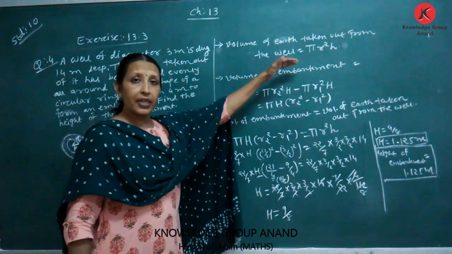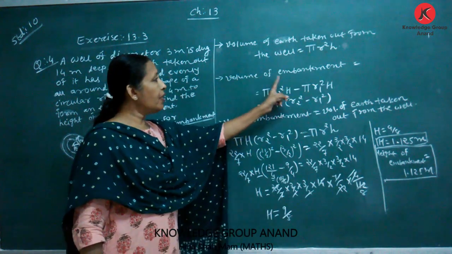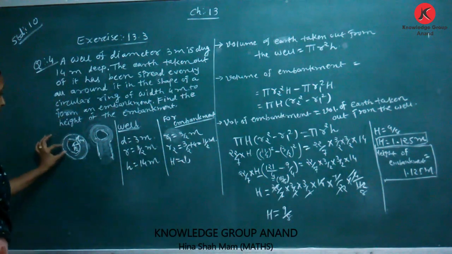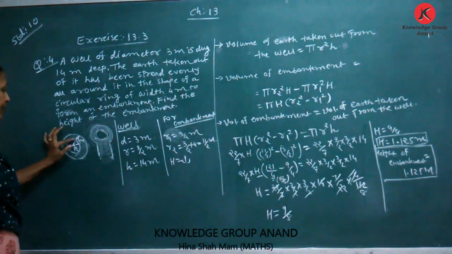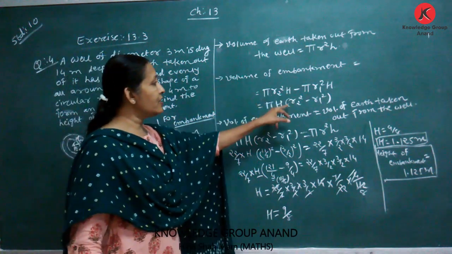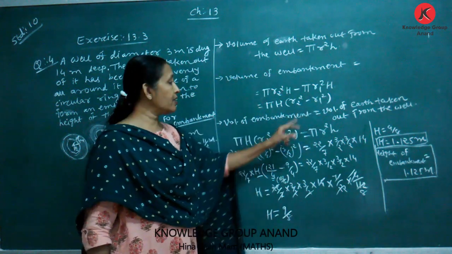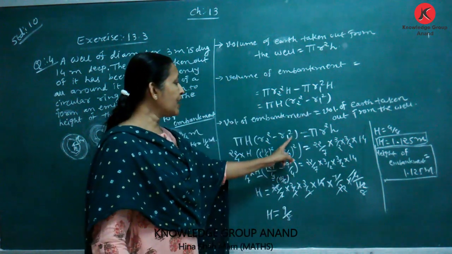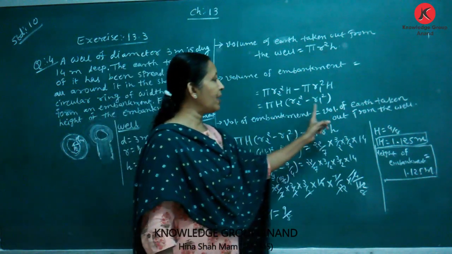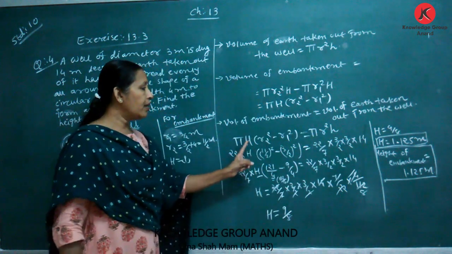Volume of earth taken out from the well is pi r square h. Volume of embankment is pi r2 square h minus pi r1 square h. Pi h is the common part, so it is pi h (r2 square minus r1 square). Compare this: volume of embankment is equal to volume of earth taken out from the well.